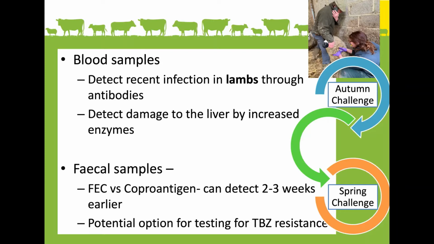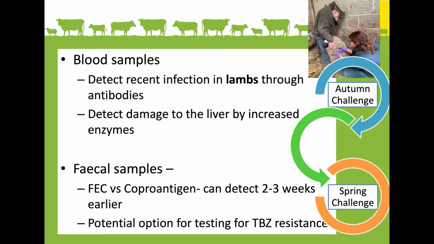Now, after this age, so 4 months old, what we can start to do is blood sample these lambs to look for evidence of liver fluke infection. Now, because these lambs have never been exposed before, because they were born this year, we can detect when the lamb is exposed to it through looking for antibodies.